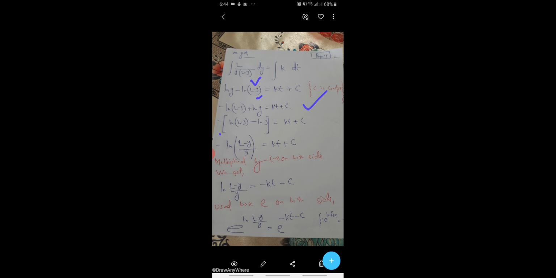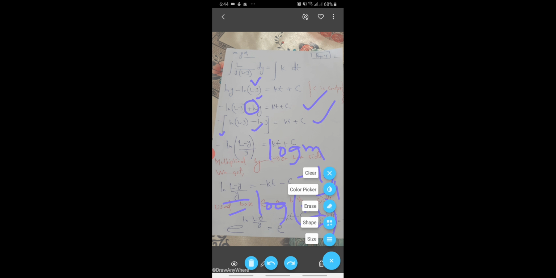And here I took minus as a common. So when we take minus as a common, inside the bracket the sign will be changed. So it was positive, it becomes negative now, because I have taken minus as a common. This is equal to Kt plus C, and there is one formula in log, that log m minus log n can be written as log m by n.